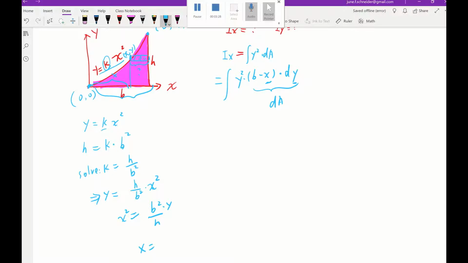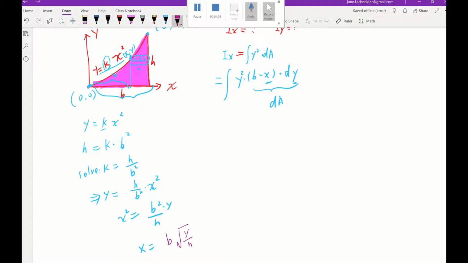So our x is going to be equal to b, taking b out, times the square root of y over h.